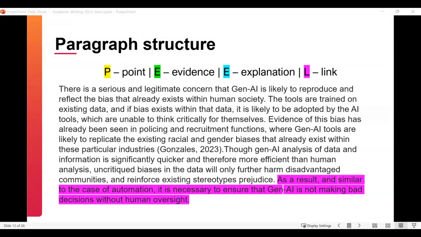Like Shane said in the chat, there are a lot of different ways people try to explain a paragraph. So I wouldn't worry too much if you find a system somewhere that uses different abbreviations or different letters. They're all fundamentally very similar. Usually it's make one point, some systems call it one idea. Usually you have some sort of explanation of what the idea means, you have evidence to back yourself up, and then you have a link to the next bit.